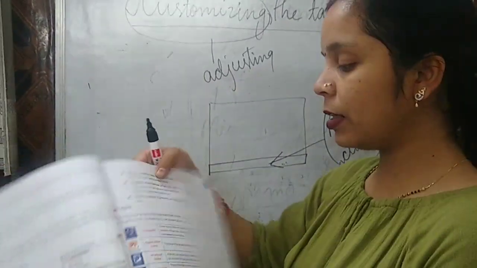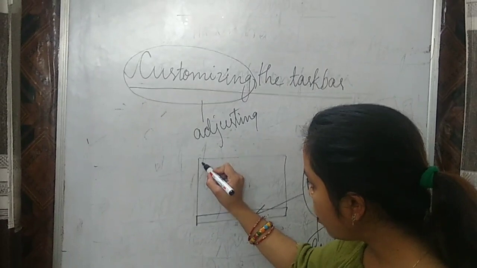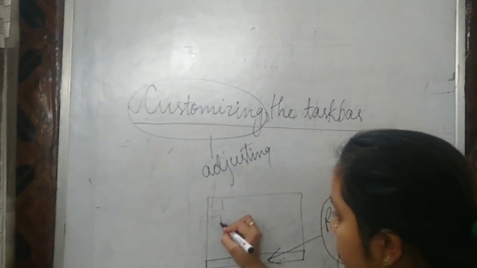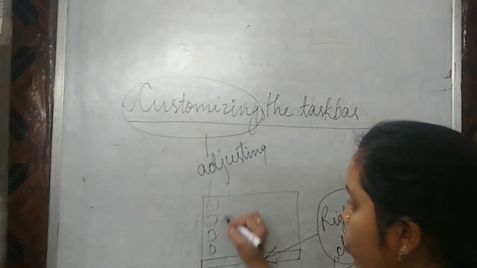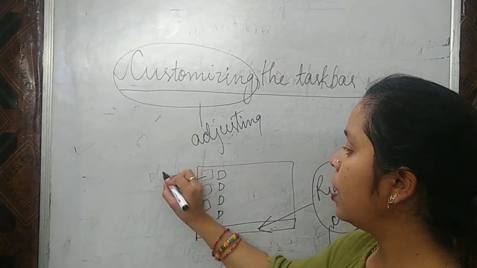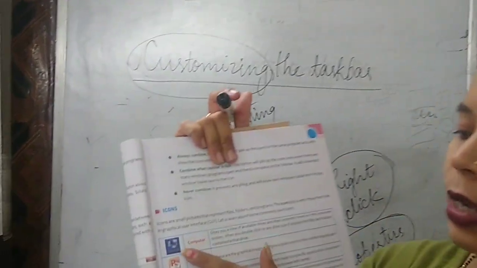Now what are the icons which are present on the desktop? You might have seen on the desktop some small pictures are there like this. When you open the computer, these are known as icons. So some common icons are there on the desktop, like on every computer you see this computer icon.